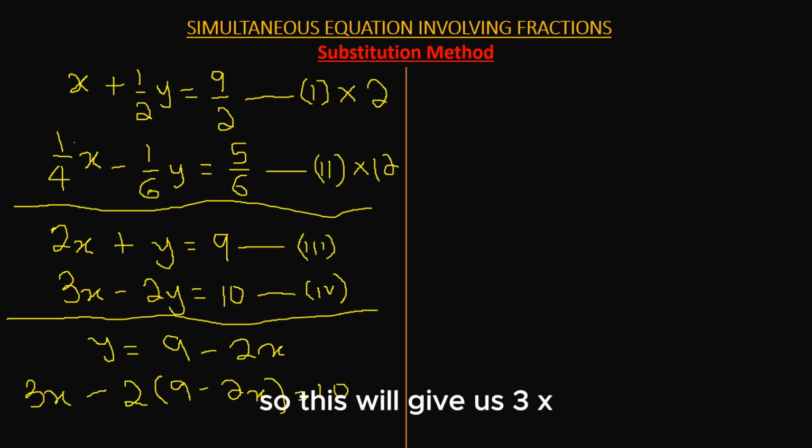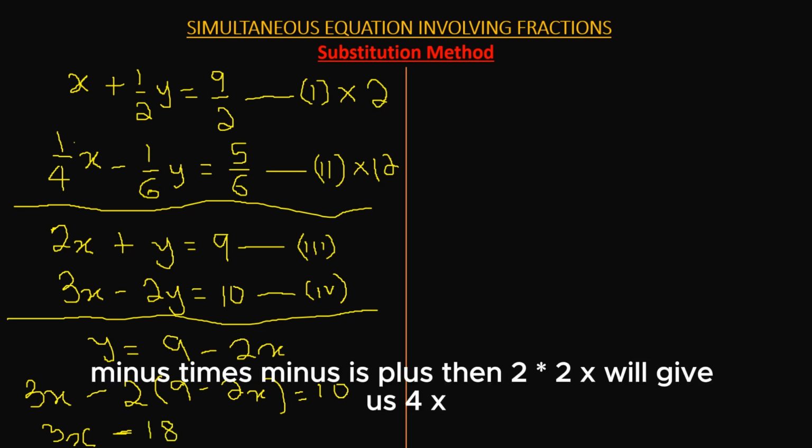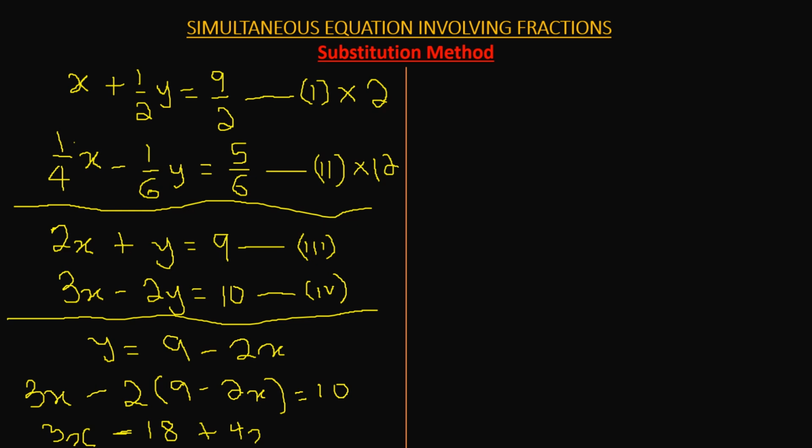So this will give us 3x minus 2 times 9 is 18, minus times minus is plus, then 2 times 2x will give us 4x, equals 10.